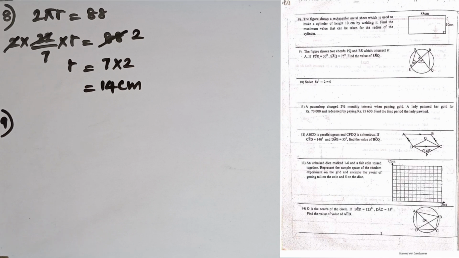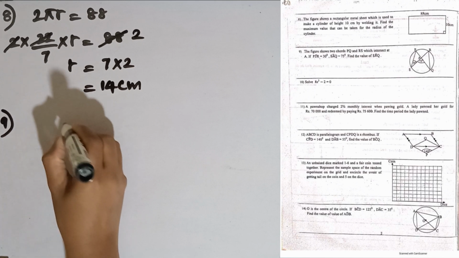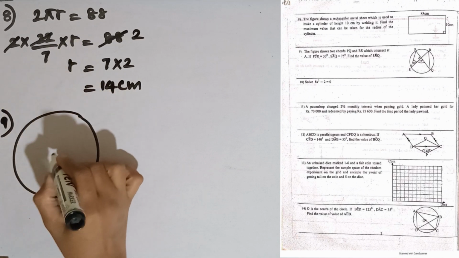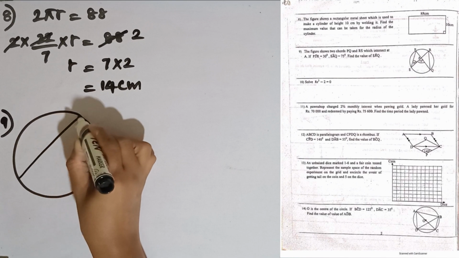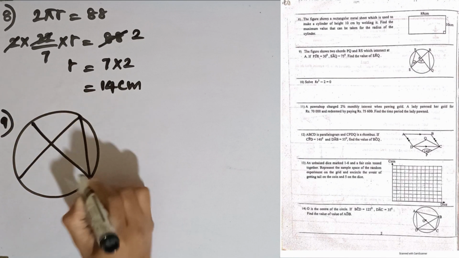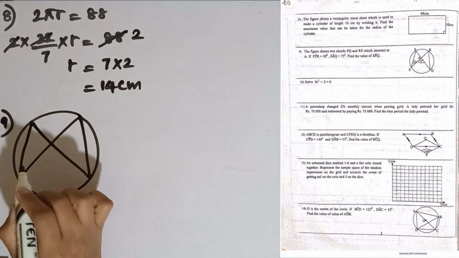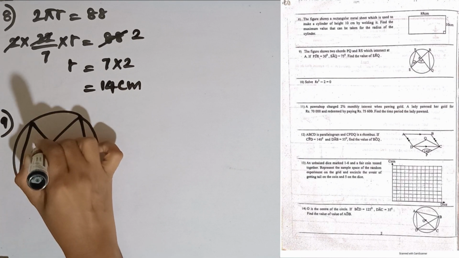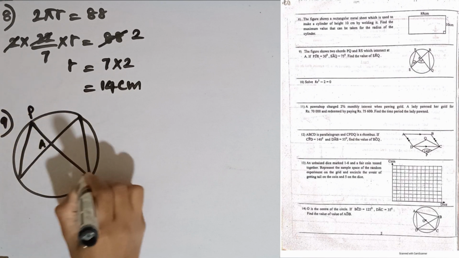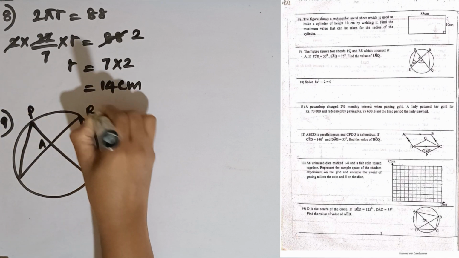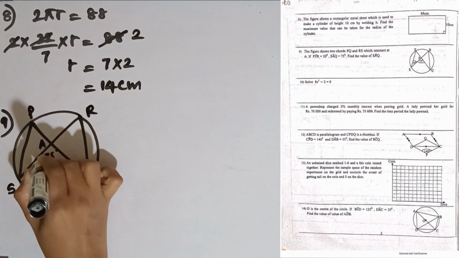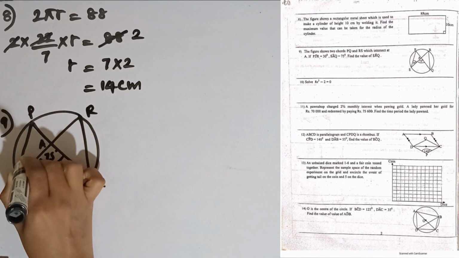We are given this circle. I'll draw the circle first. This is the one given for us. Here A, then P, Q, R, S. Then these magnitudes are given, 75 degrees, here 30 degrees.